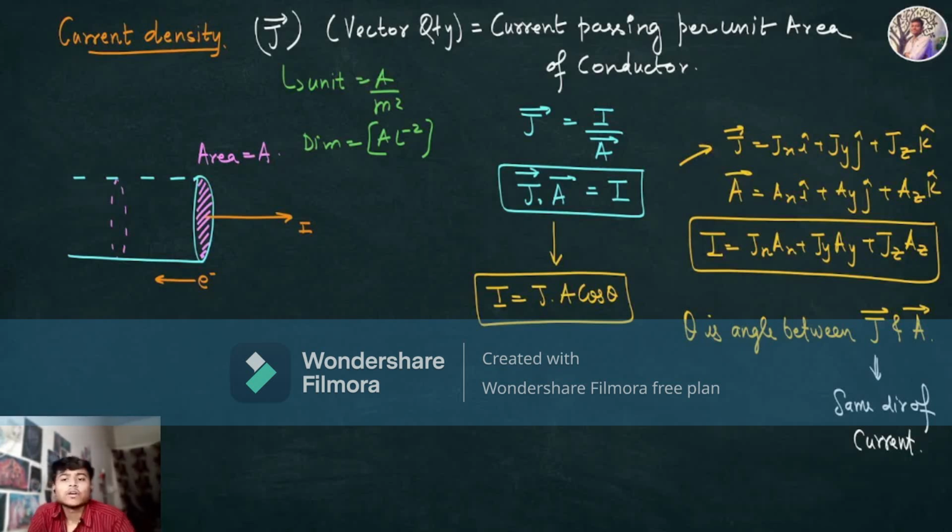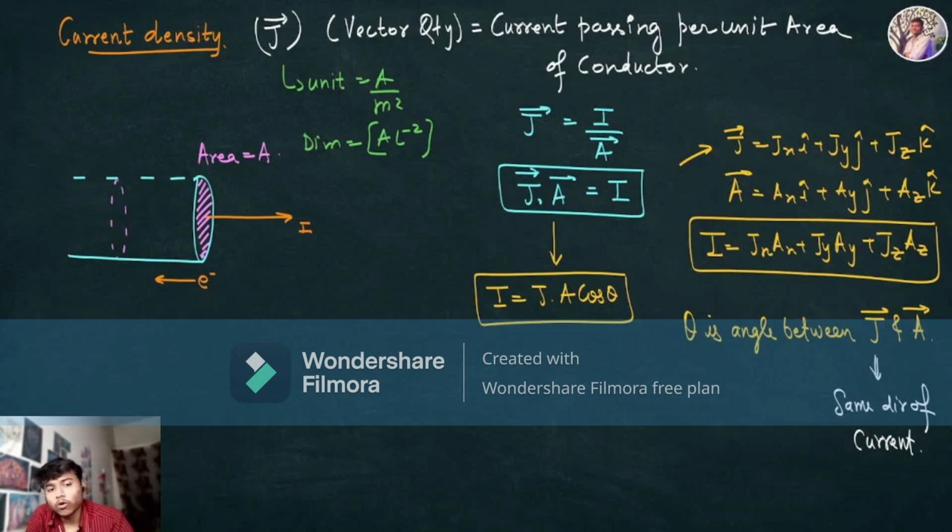Now we talk about current density. It is a vector quantity. The current per unit area inside the conductor is known as current density.